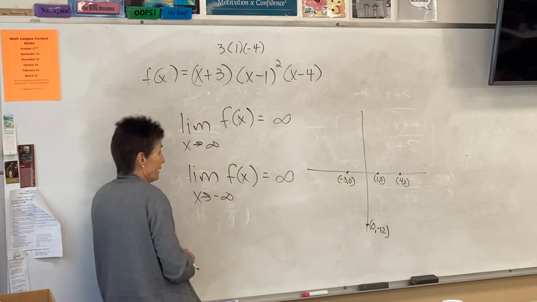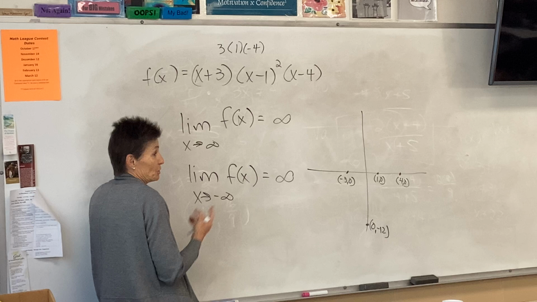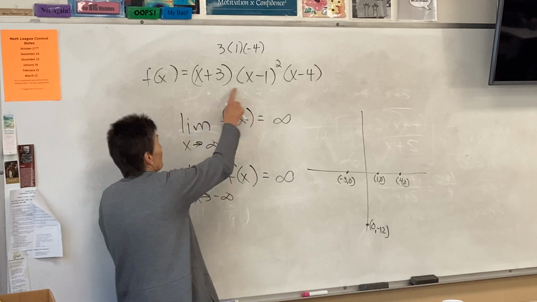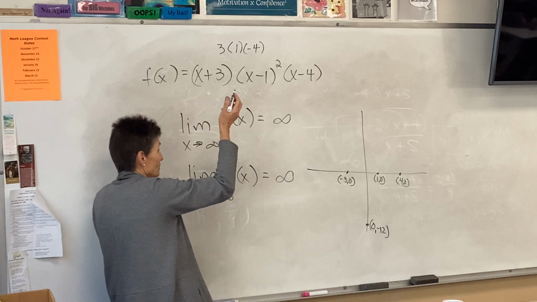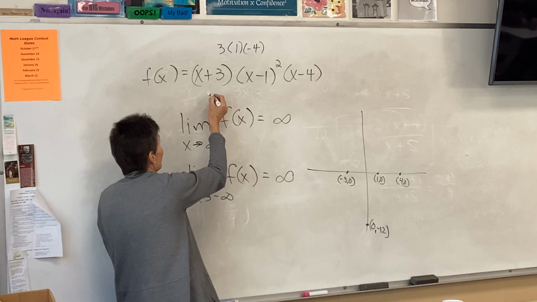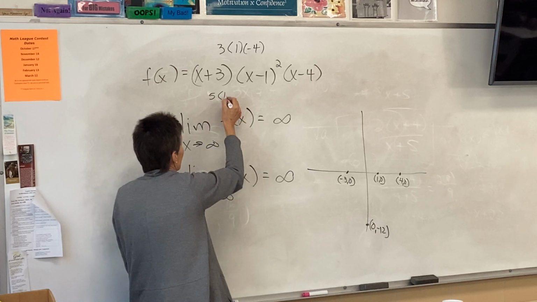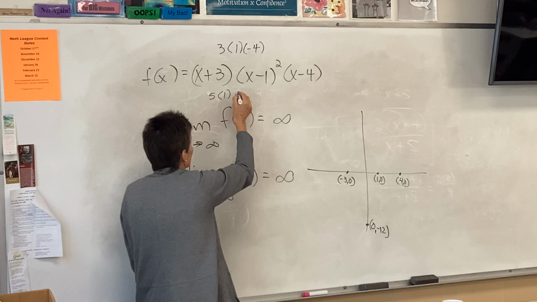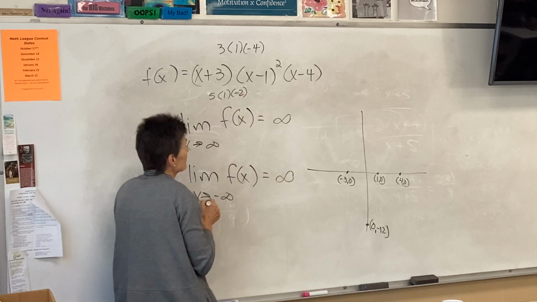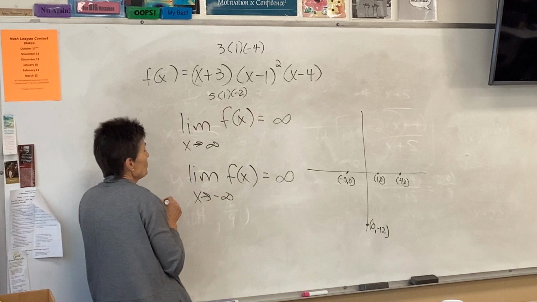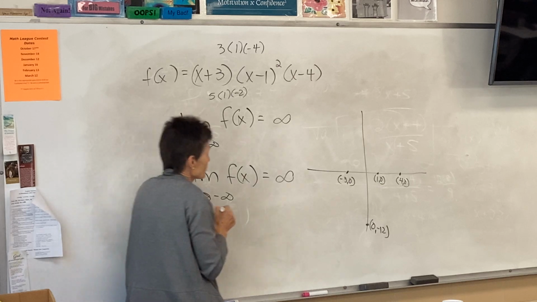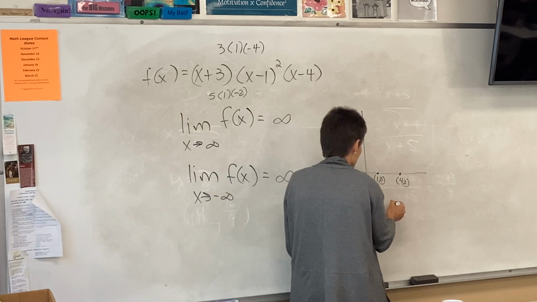So 2. So what happens if we put in 2? Just a random number. If I put in 2, I'm going to get 5 times 1 times -2. So 2 gives me -10.